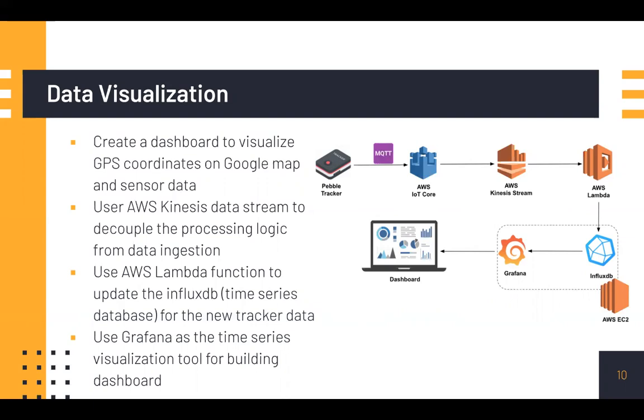We also use an AWS Lambda function to update InfluxDB, which is a time series database, with the new tracker data. Each time they collect time series data, it will be committed to InfluxDB by the AWS Lambda function. We also use Grafana as a time series visualization tool for building the dashboard.